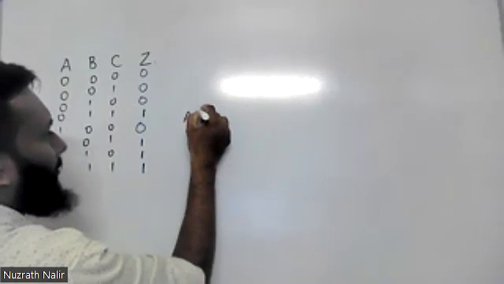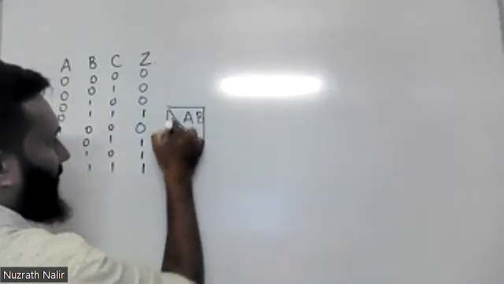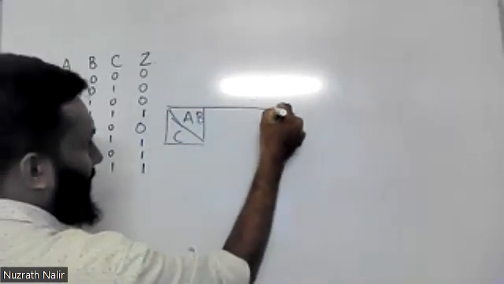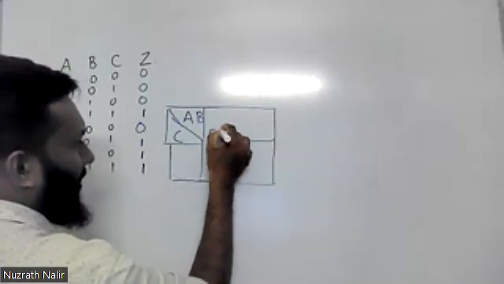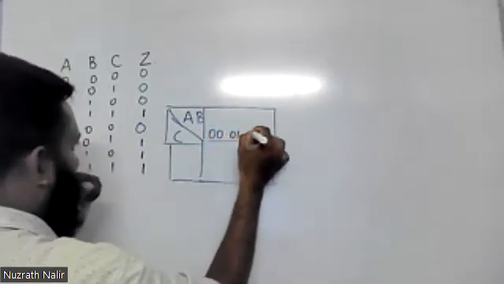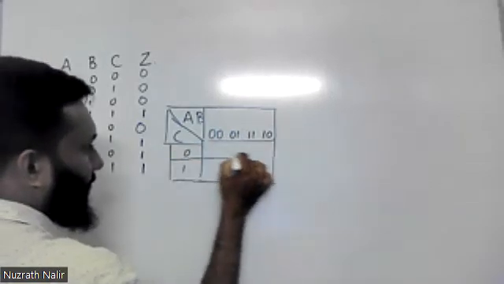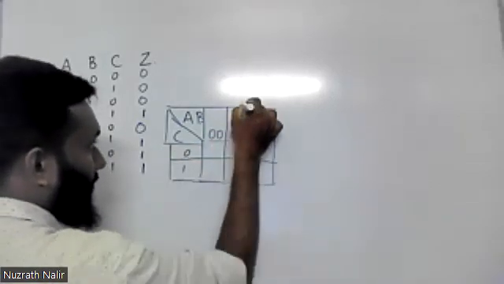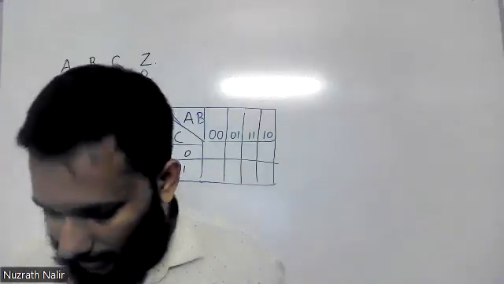So here A, B is there, C is there. Zero, zero, zero, one. Okay.